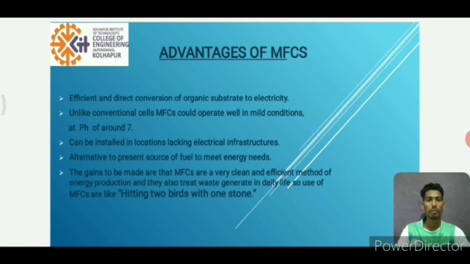Microbial fuel cells are a very clean and efficient method of energy production, and they also treat waste generated in daily life. So the use of microbial fuel cells is like hitting two birds with one stone.